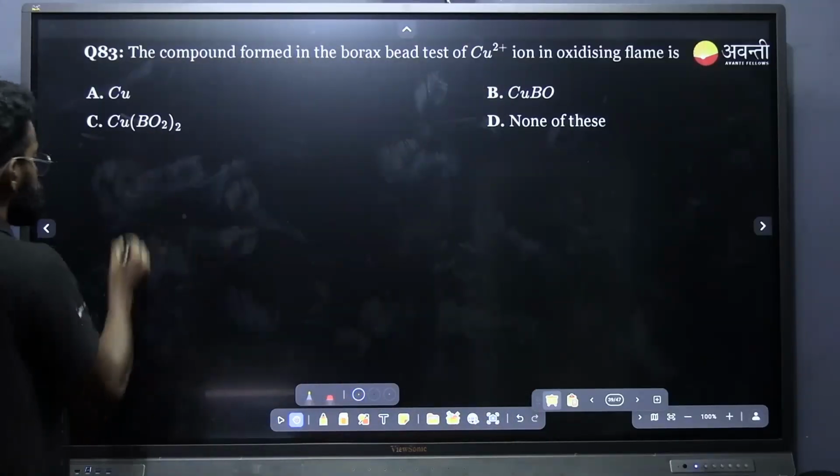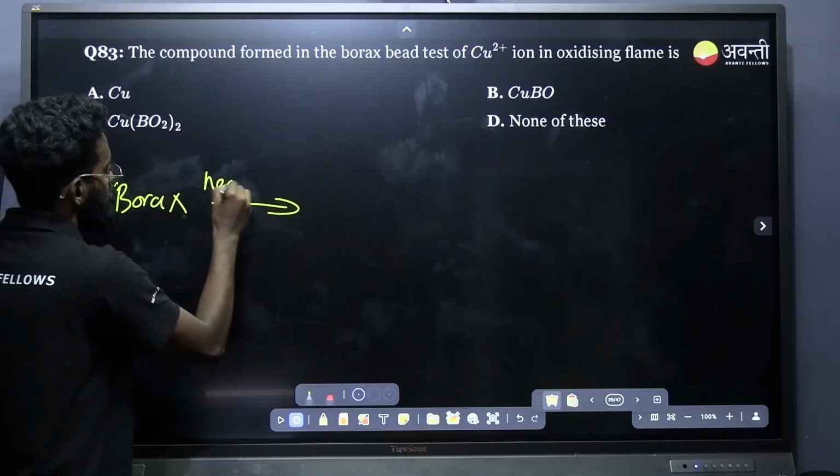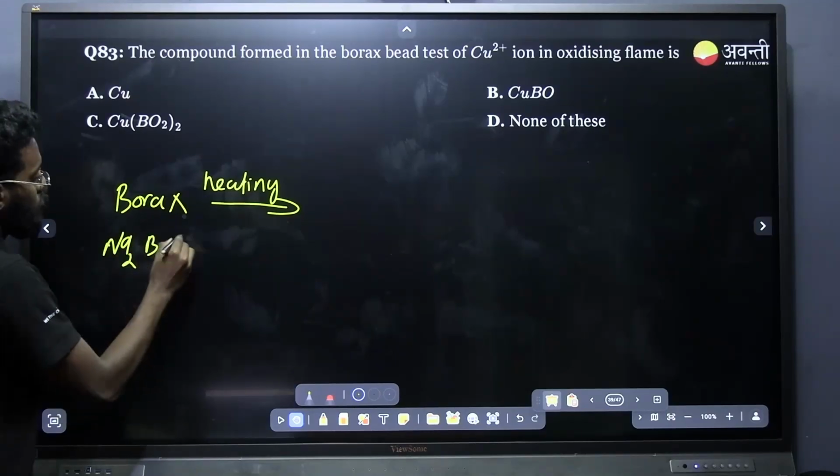So how we can understand that: first of all, borax is Na2B4O7.